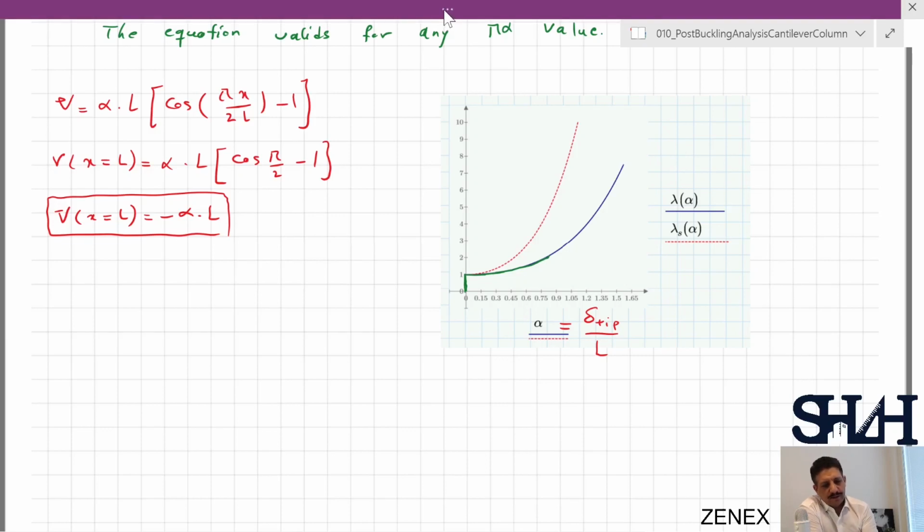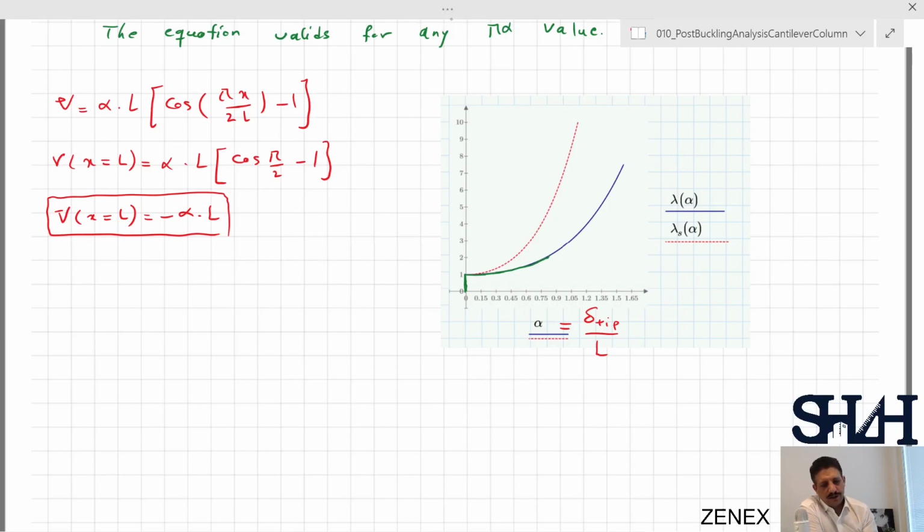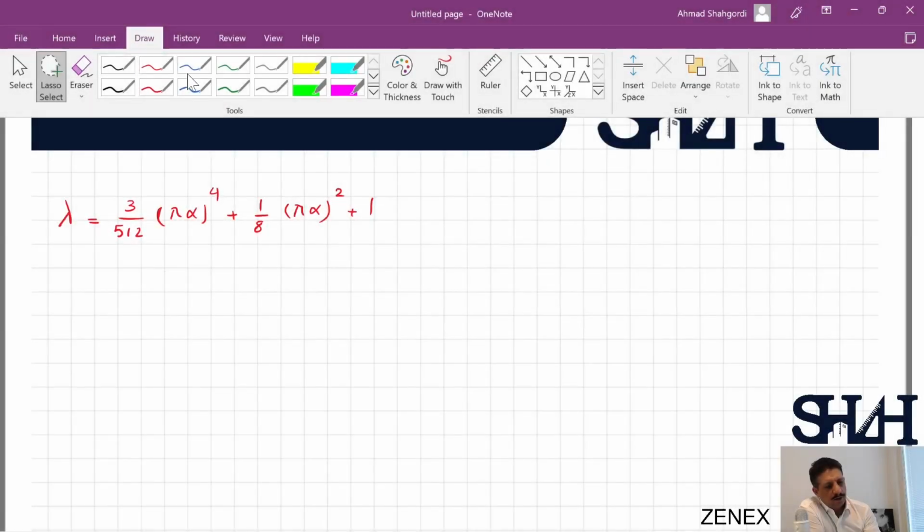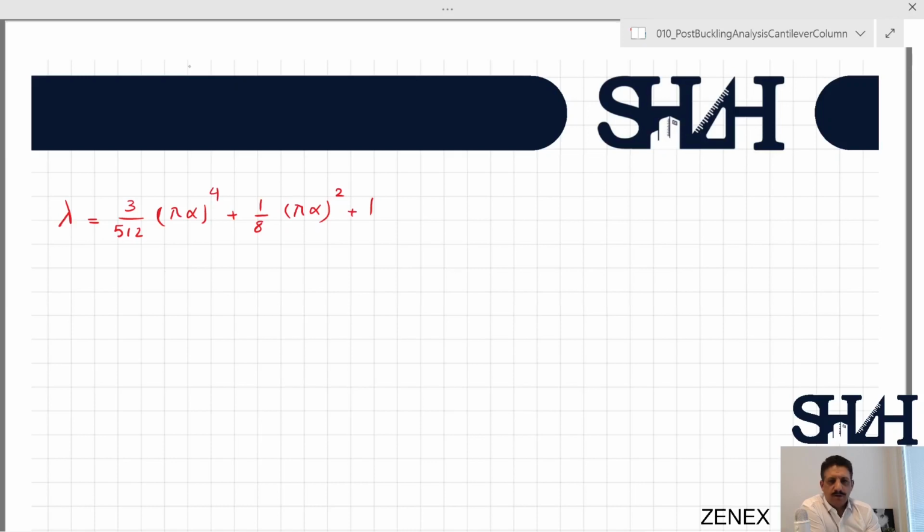Now the next is to calculate the relation between these two, and to find out with what level we can increase the load. Now I can solve this equation with respect to pi alpha.